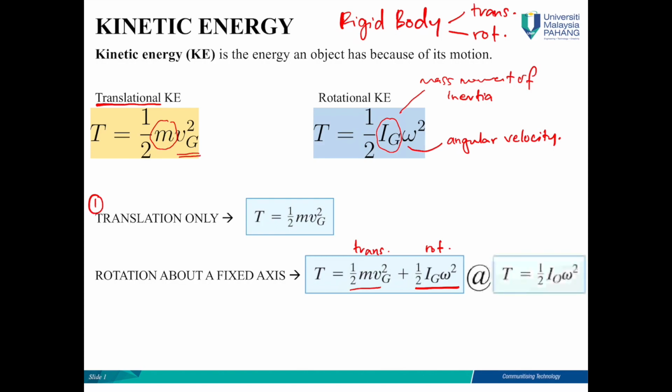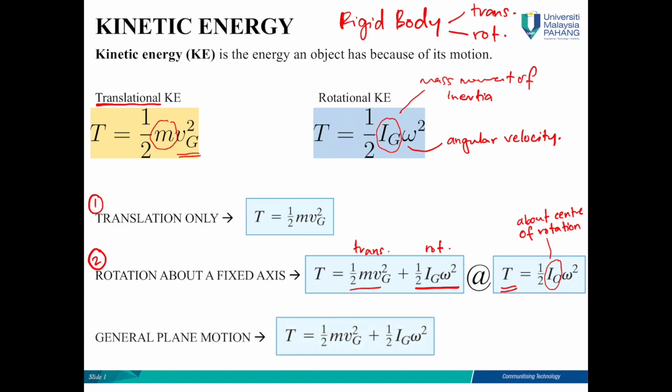Or if you can find the mass moment of inertia about the center of rotation O, for example, then T can also be calculated using this formula, 1 over 2 IO omega square. So that is the second type of motion, which is rotation about a fixed axis.